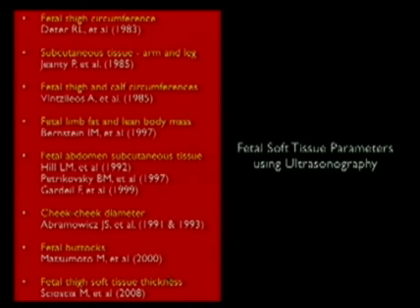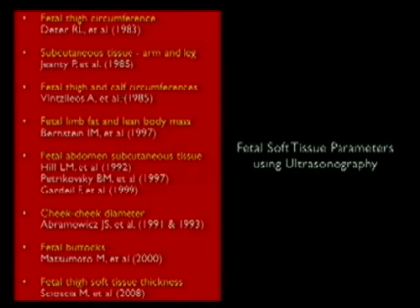So today I'd like to talk to you a little bit more about how fetal soft tissue can help. There have been a number of investigators throughout the past 2 to 3 decades talking about fetal soft tissue, starting with some description of the fetal thigh circumference by Dr. Deter in '83. Dr. Philippe Jeanty and Romero and Hobbins talked about the subcutaneous tissue of the arm and leg.